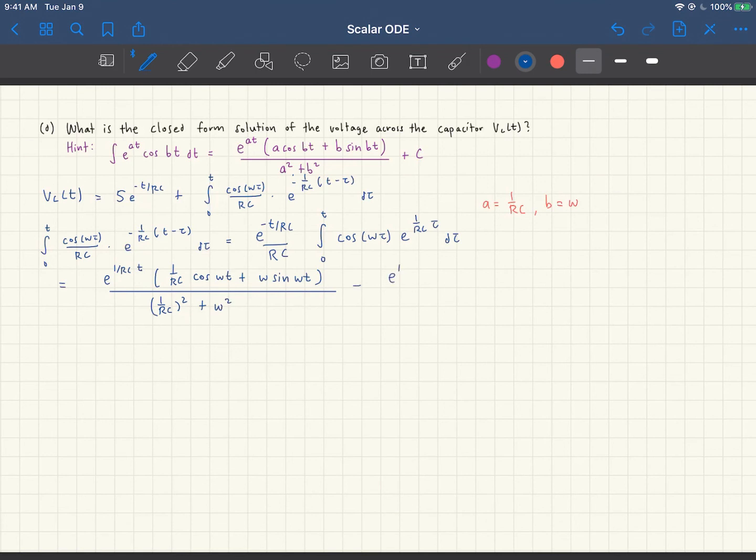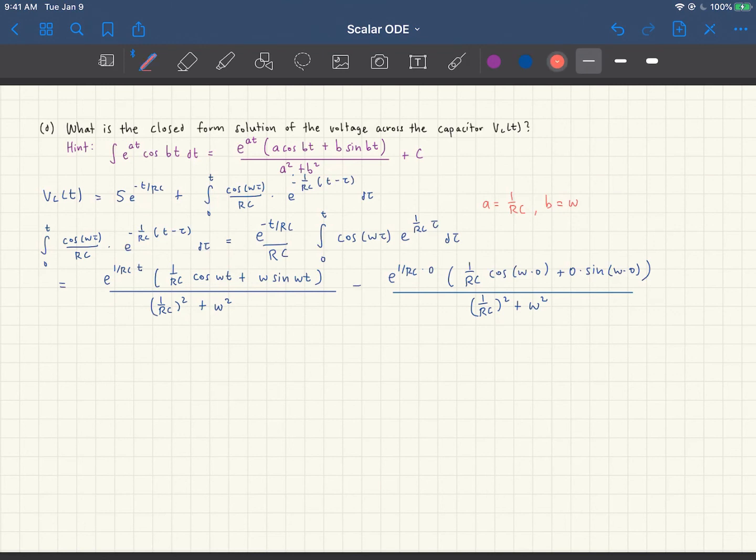So e to the 1 over RC times 0, 1 over RC cosine of omega times 0 plus omega times sine of omega times 0, all over 1 over RC squared plus omega squared.